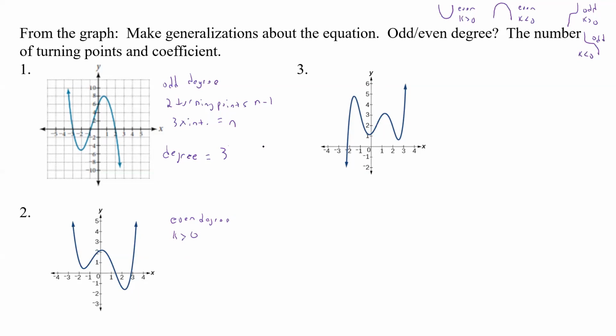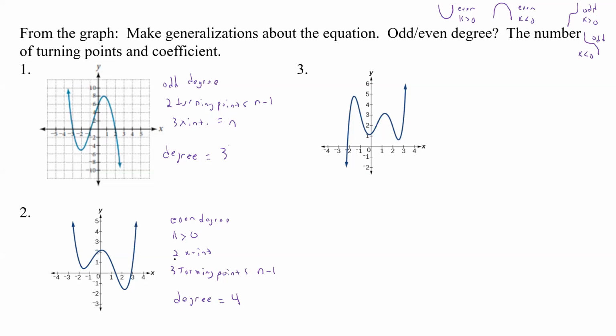And so what can we get from this? Well, we know we have 2 intercepts. How many turning points? We have 1 turning point, 2 turning points, 3 turning points. And we know that that's equal to n minus 1. So if that was n minus 1, if we add one more, that would give us 4 as the degree.